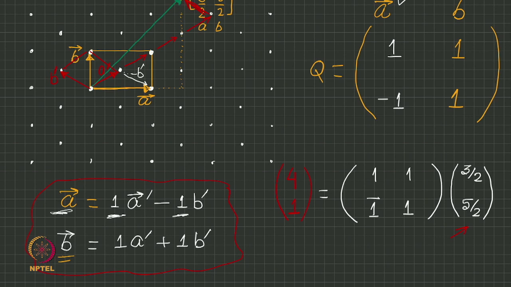We are also happy that we were knowing that A prime, B prime, the red ones, are actually primitive, because the red unit cell does not have any lattice point inside. That is the definition of a primitive unit cell. And if it is a primitive unit cell, we were also knowing that in terms of the primitive unit cell, all lattice translations should be integer.